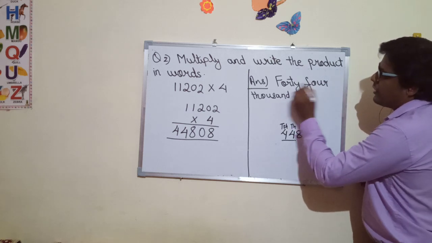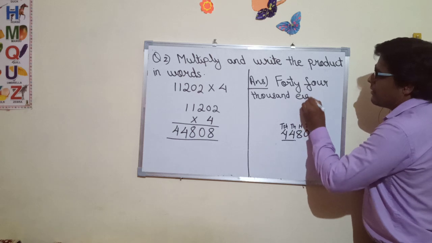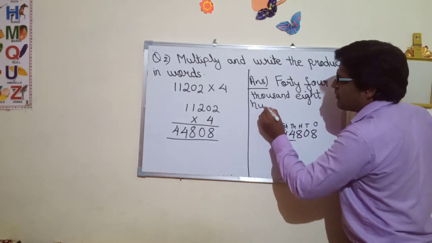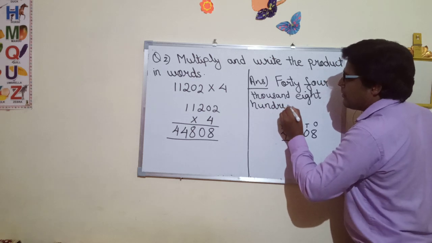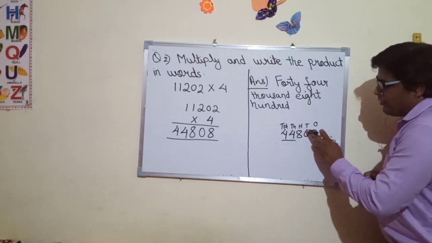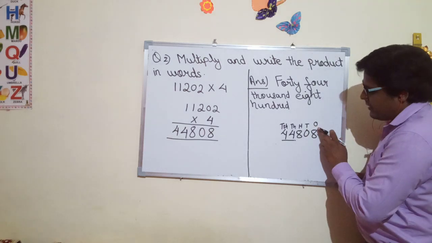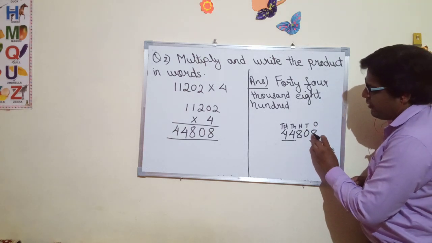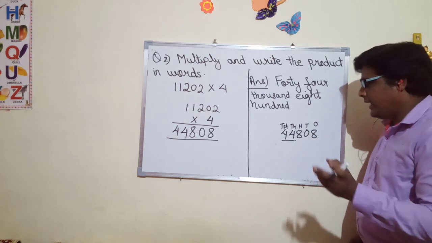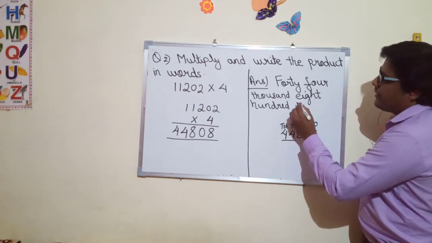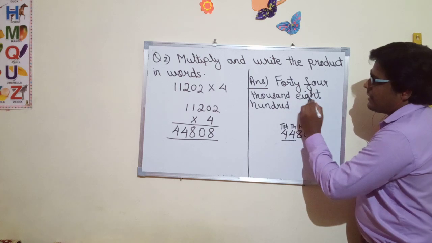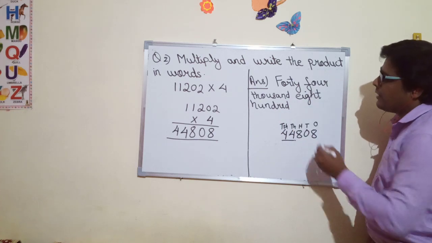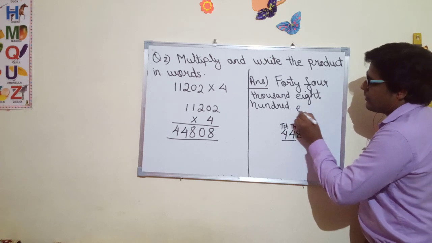So it will be 44,800. The numbers in tens and ones place are taken together. So when we take this together, we get 0 and 8. 0 and 8 is 8. So here you will write 44,808.